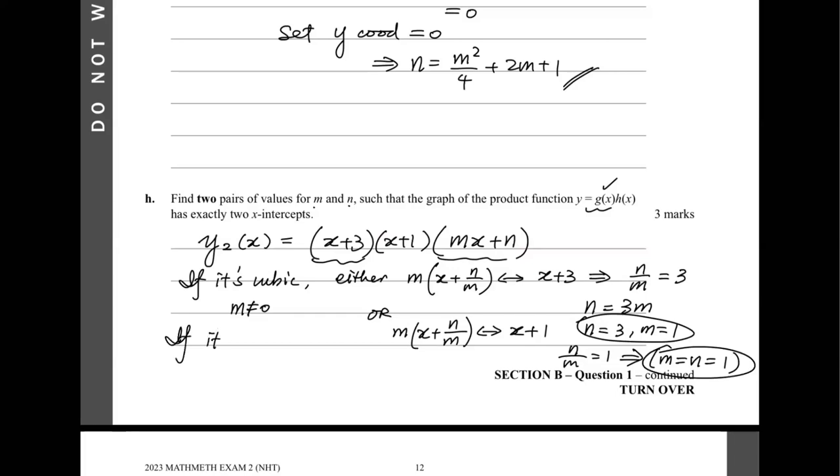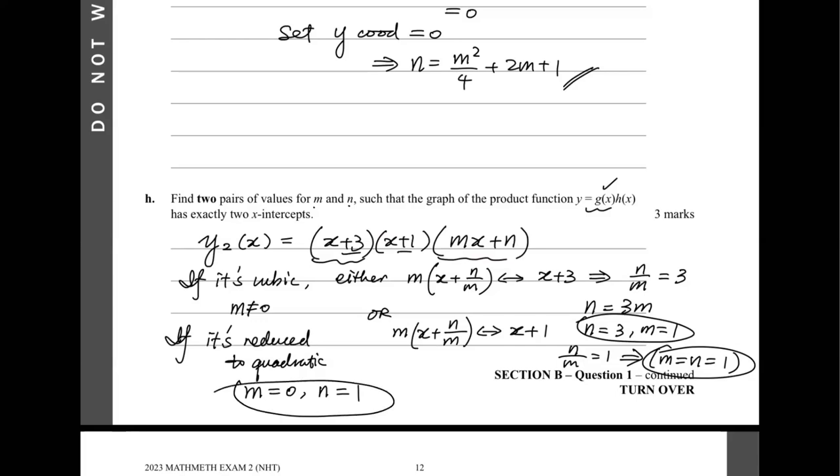If it's reduced to quadratic, definitely you don't want the whole thing to be 0. Otherwise, that would be infinitely many solutions, okay? I mean, if this is 0, the whole thing equals 0, y2 of x is always 0, then it's invalid. So we can say m equals 0, n equals 1. The whole thing reduces to a quadratic, which has two x-intercepts at minus 3 and minus 1, okay?